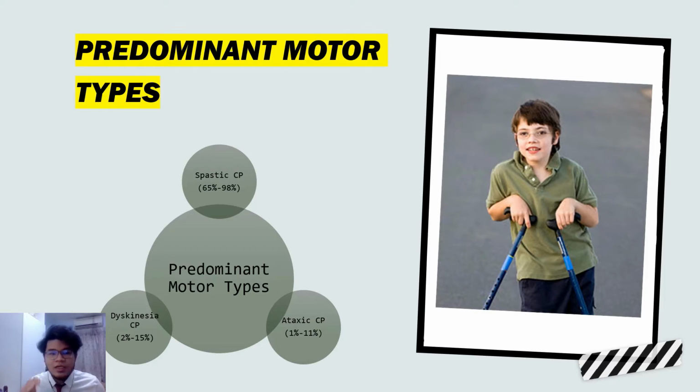Alright, so second one is ataxic cerebral palsy, which occurs in 1 to 11%, and dyskinetic cerebral palsy, which is 2 to 15%. I've already talked about the definitions of spastic, ataxic, and dyskinesia earlier. Alright, so let's move on to the next.